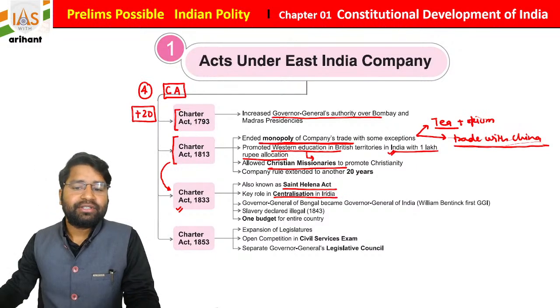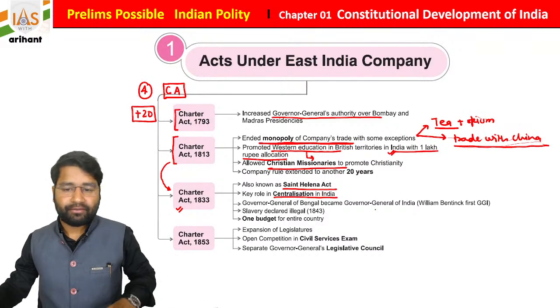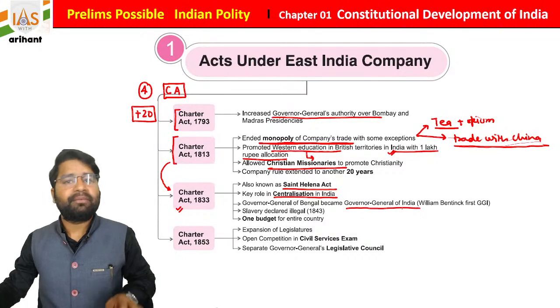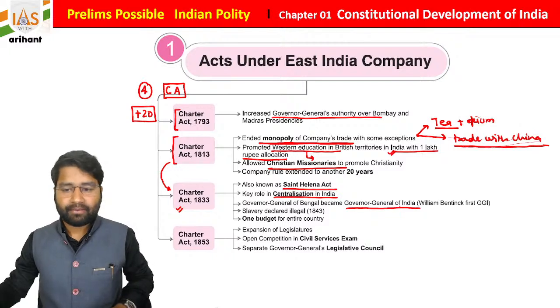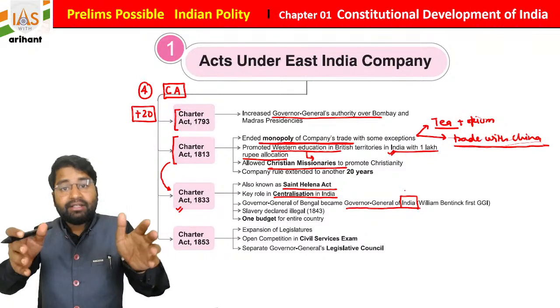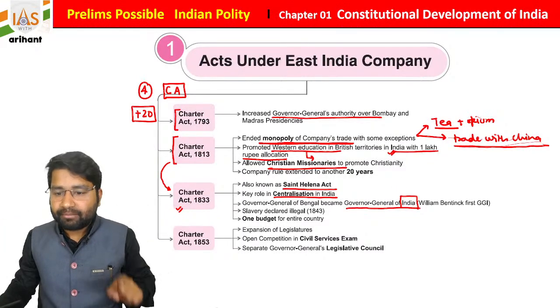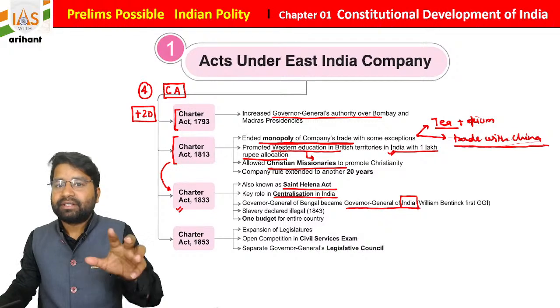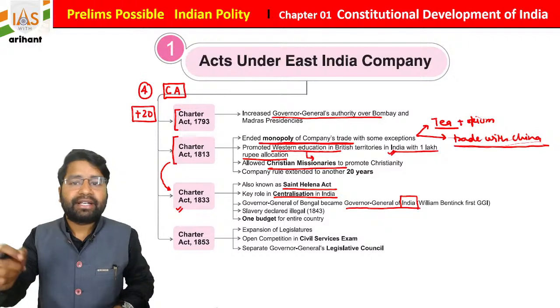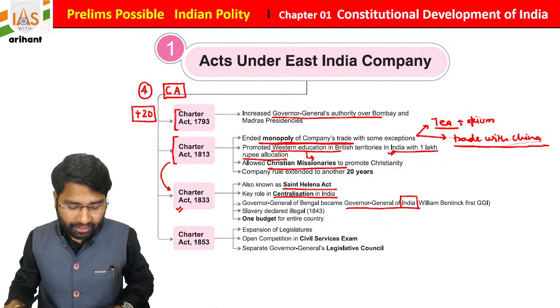Now you will say, sir, how was there more centralization in India? You can find here a post named Governor General of India. If there is a post that takes care of the complete India, it means they are trying to create a unique post, a central administration system.